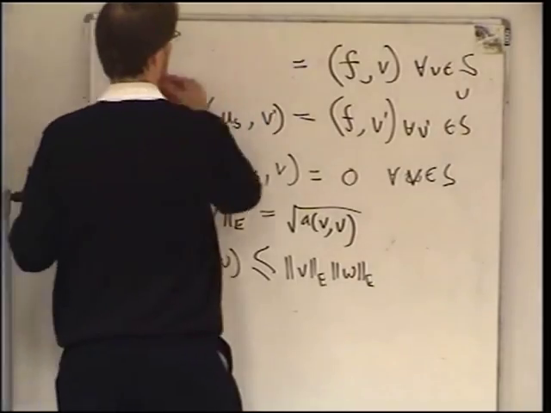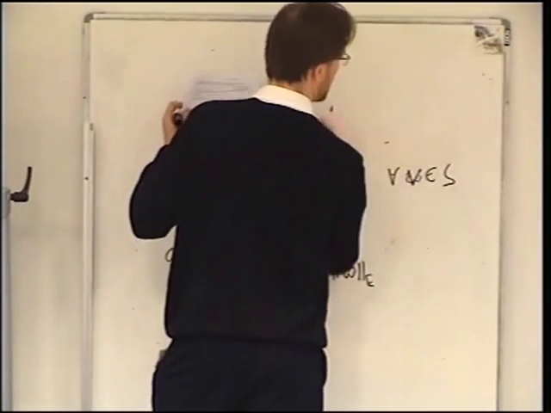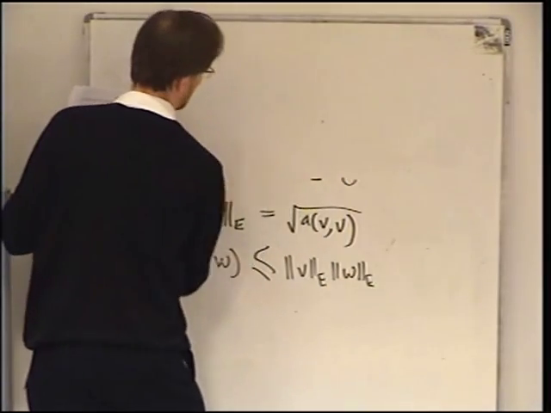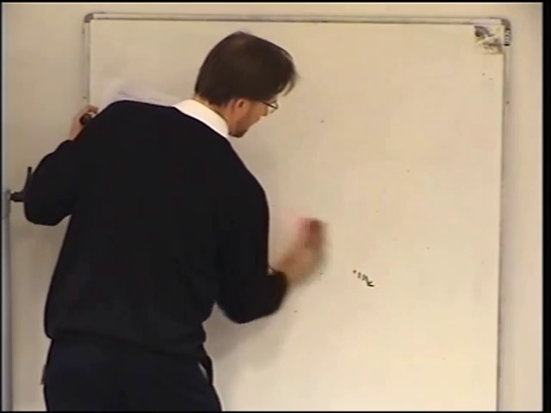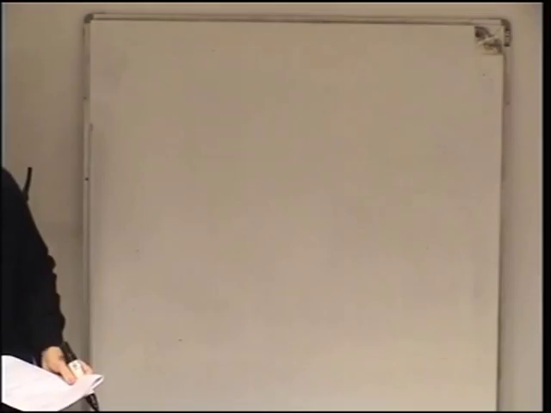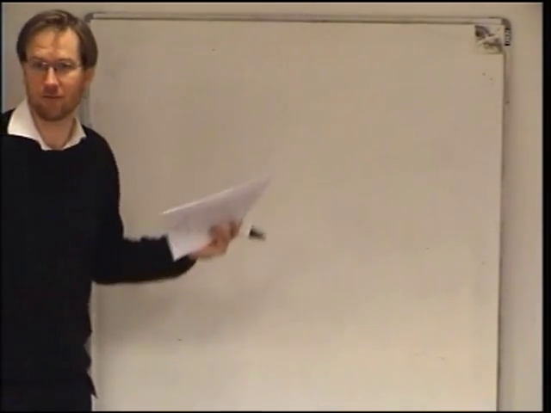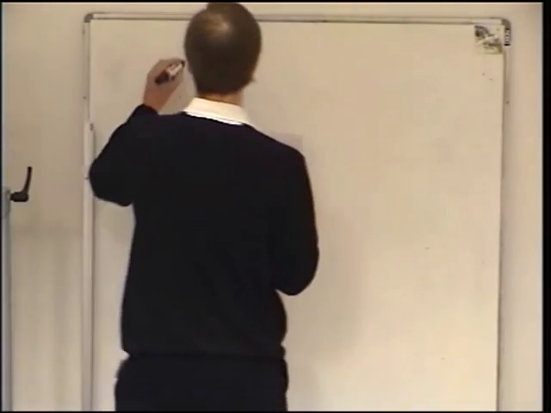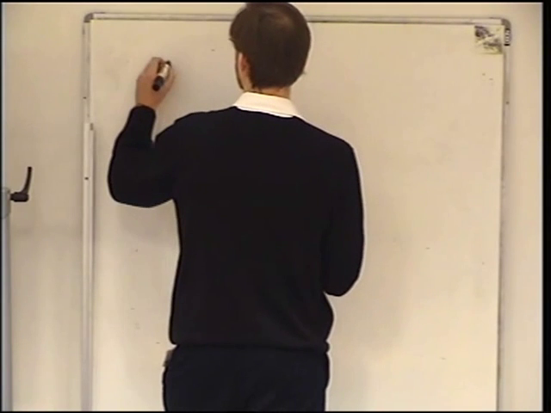We've already noticed that the error in our solution is u minus u_s. And so if we want to say something about how big the error in our solution is, then we can take the norm of that error.